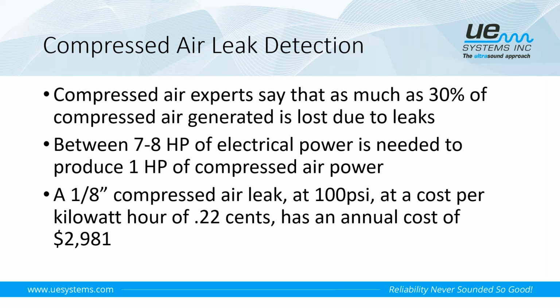Now, if you look at what it takes to produce it, to what you get out of it, it takes about 7 to 8 horsepower of electrical power to produce 1 horsepower of compressed air power. And just as an example, if we look at a 1/8 of an inch compressed air leak at 100 PSI, at a cost of 22 cents per kilowatt hour, that air leak is almost a $3,000 per year leak.